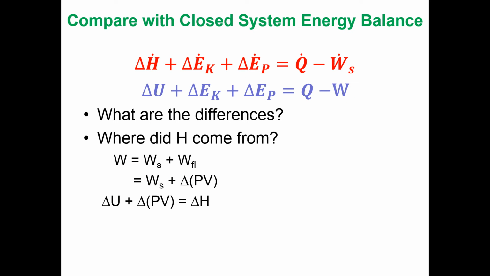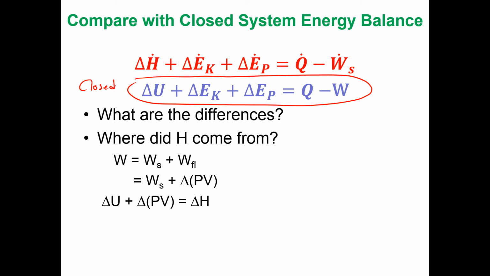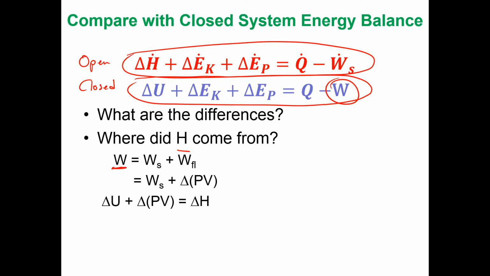Now let's compare that with the closed system energy balance. Like we had before, here was our closed system energy balance, and this is our open system. So what are the differences, and where did enthalpy come from? Before we just had work, right here.